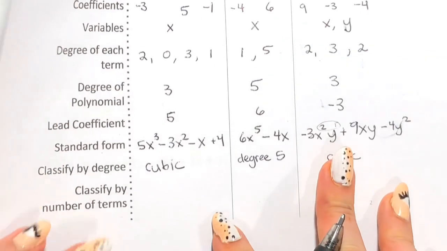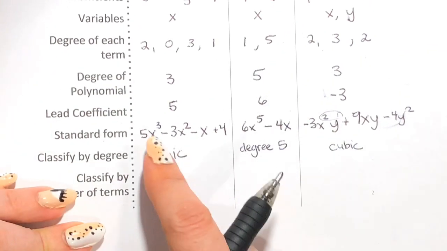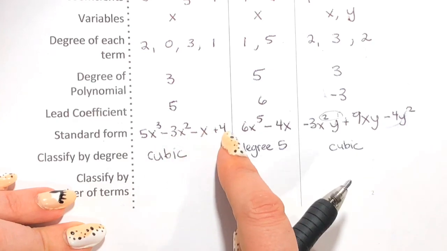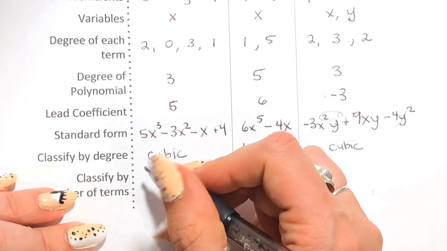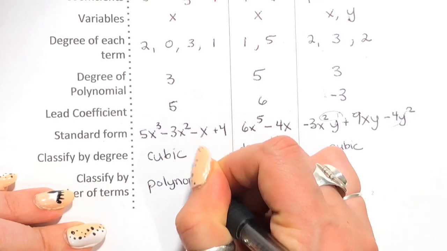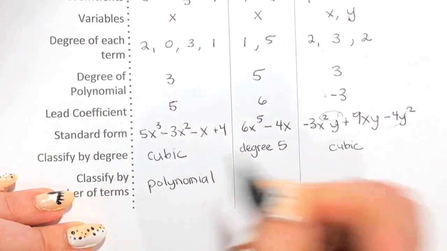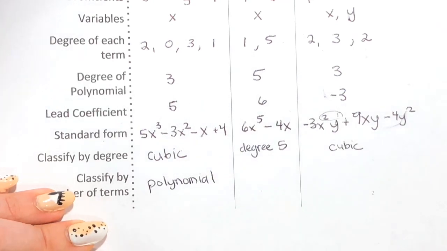So let's go back and classify these by their terms now. So this one was cubic for the degree, but then it had 1, 2, 3, 4 terms. So anything four or more we just call a polynomial. So if I was to describe this polynomial, I would say it's a cubic polynomial. So that's why we classify them.